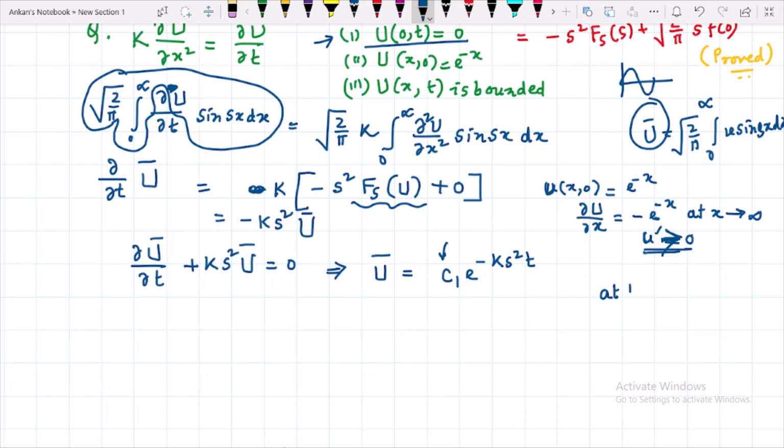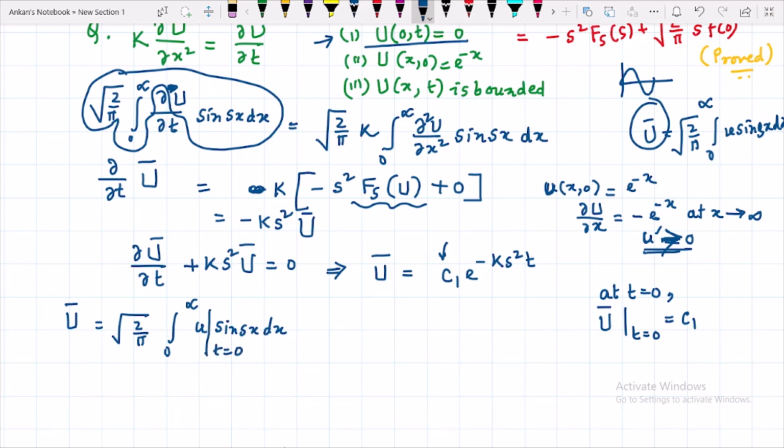At t equal to 0, u bar is c1, again u bar is root 2 by pi integral 0 to infinity u sine sx dx. This is u at t equal to 0, and u at t equal to 0 means this. So root 2 by pi integral 0 to infinity e to the power minus x sine sx dx.